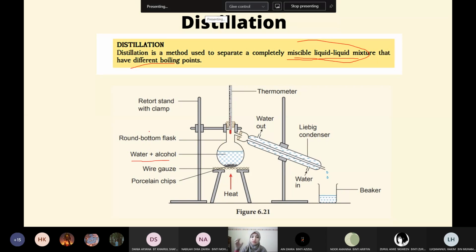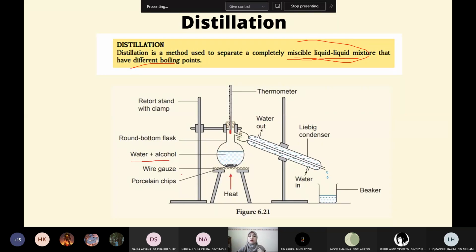Just now from the video, they named the alcohol as ethanol, so ethanol is an alcohol. In this round bottom flask, we have a mixture of water and alcohol. They look similar, they look homogeneous, and we cannot differentiate them because they have the same color.